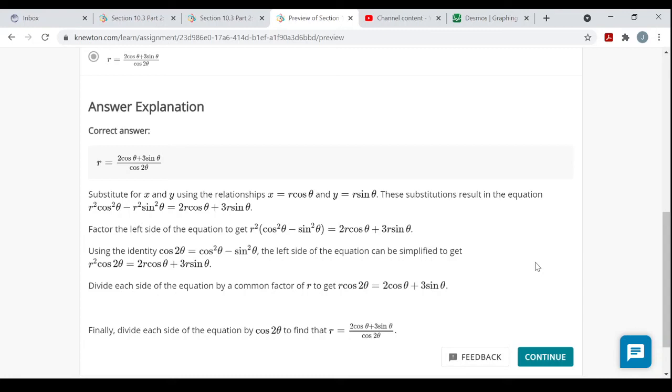Just replace all the x's with r cosine theta, all the y's with r sine theta, and then you might have to use some identities, like how I did cosine squared minus sine squared was the cosine of 2 theta here. But I feel like it's easier to go from rectangular to polar equations than it is to go from polar to rectangular, as you'll see in some other videos.